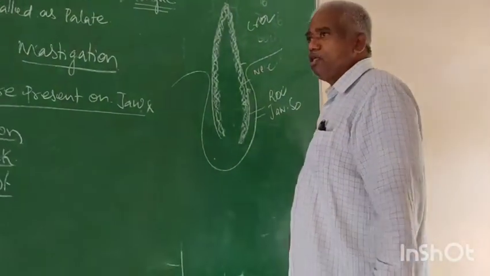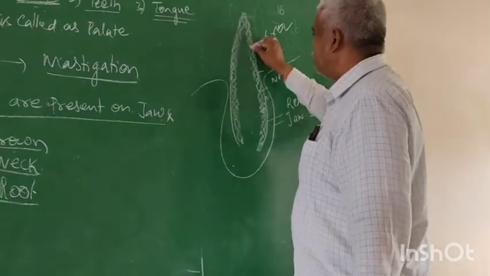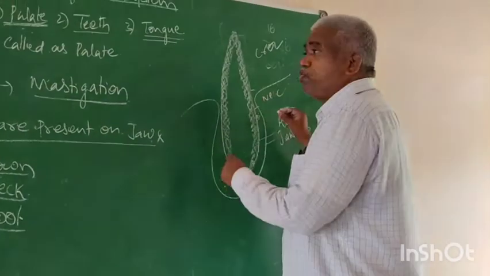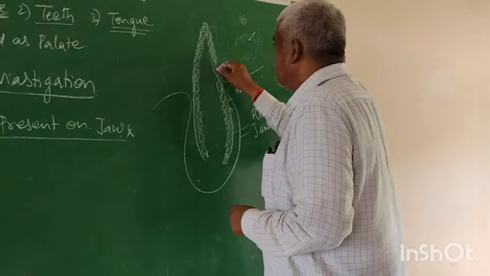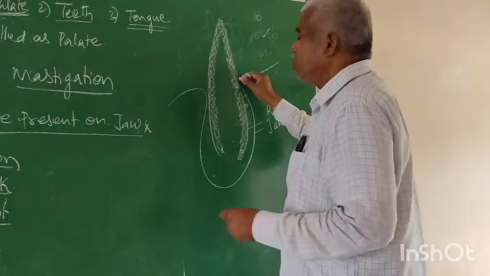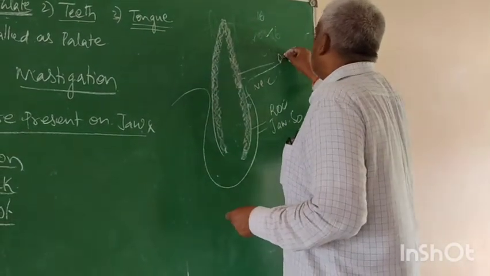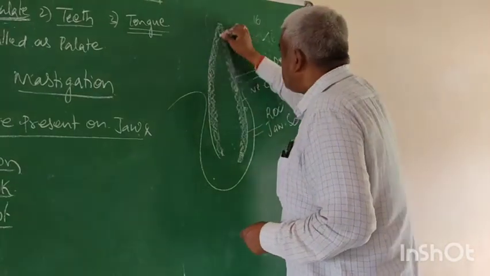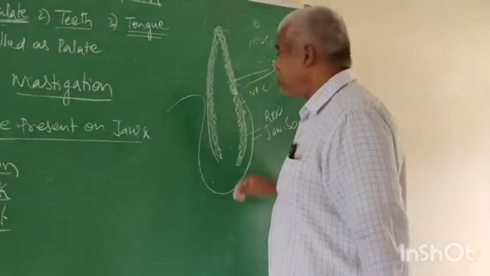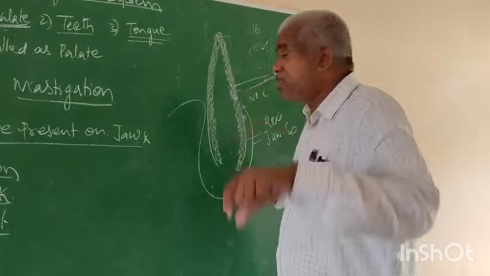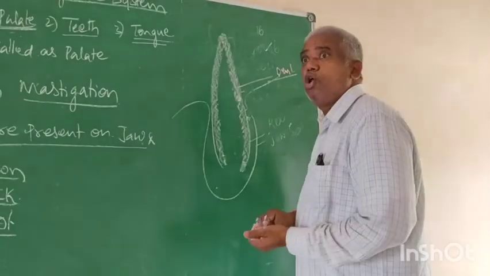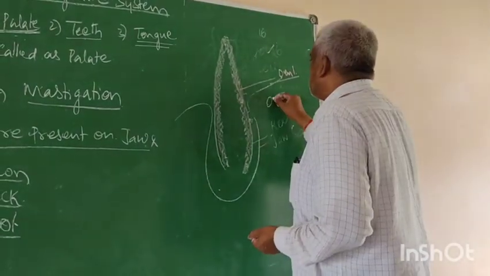See, this is the wall. The tooth is made with a substance, a tissue, cells: dentin. This dentin is a substance. This dentin contains specialized cells, odontoblast cells.